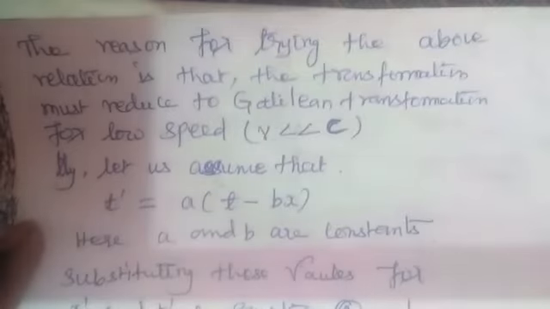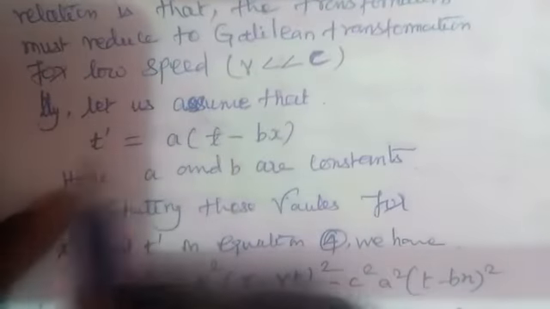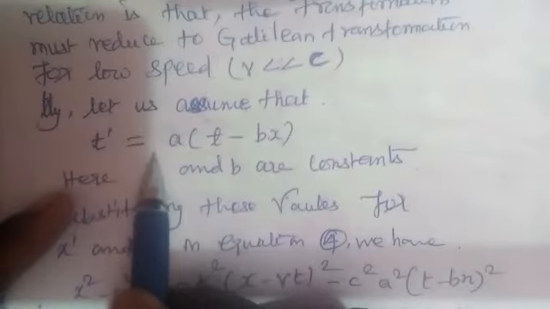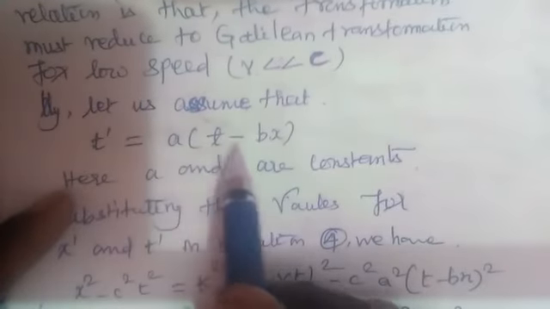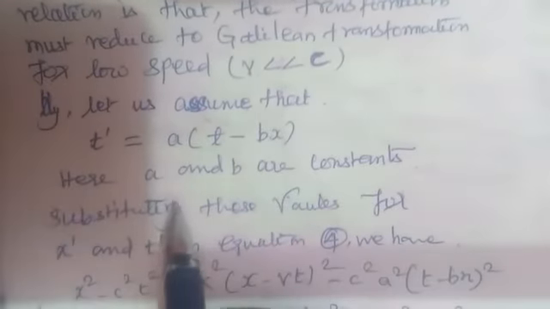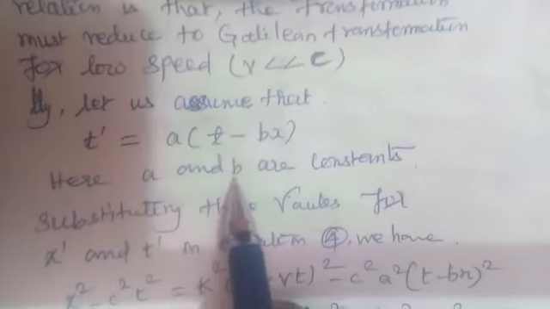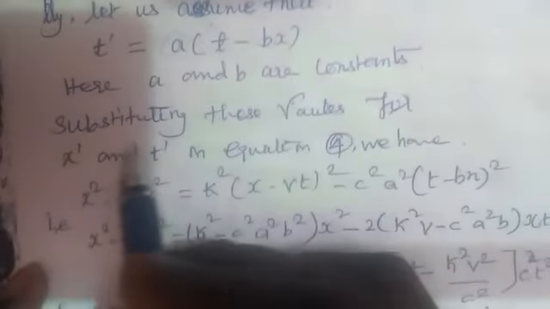Similarly, let us assume that t dash is equal to a into t minus bx, where a and b are constants.